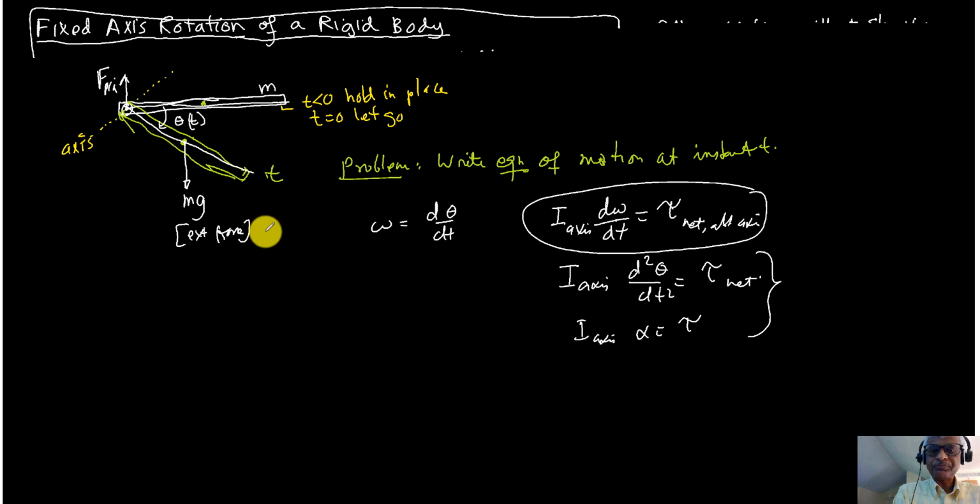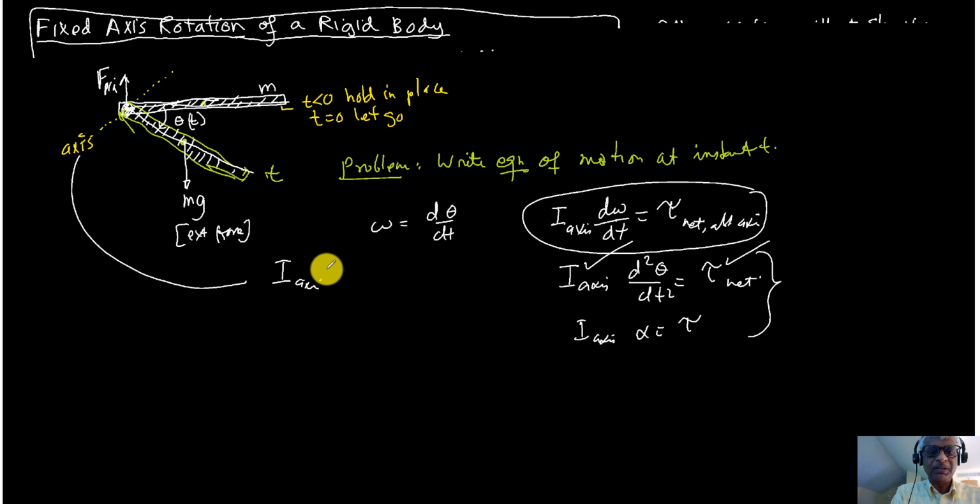Okay, so we need to find this, and we need to find this. About that axis we have this, and it will not change whether it's in that direction or that direction. It's I of the bar about that axis. And so we need I about this axis, and that axis is the edge of the bar.